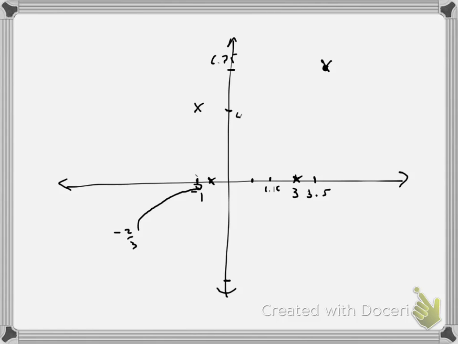I haven't drawn this to scale at all. -10.083 there, which means it's somewhere around about here. So now I have 5 points which I can join up. So being the skillful sketcher that I am, let's see if I can do this.